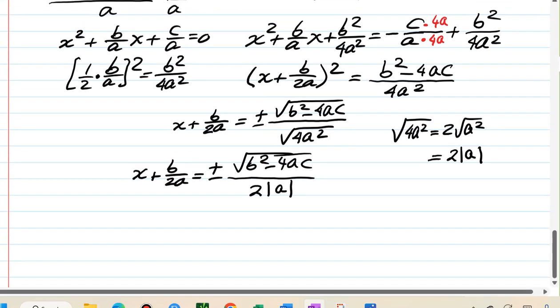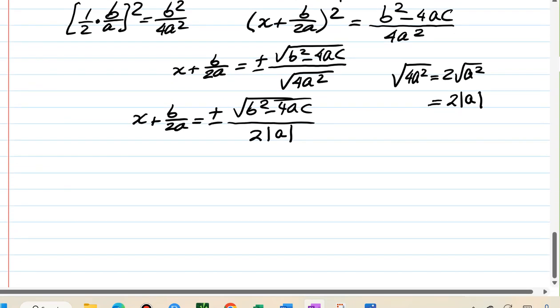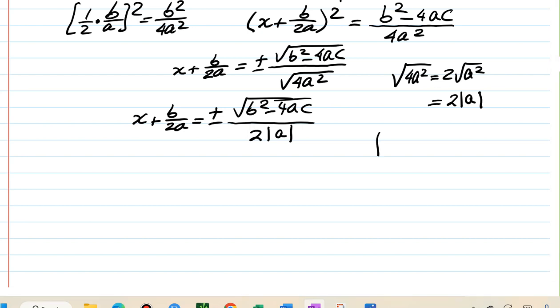Now, you probably have not seen it in this form, but we're not done yet. Let's take a look at our absolute value of a. Again, by definition of absolute value, if a is positive, or a is greater than or equal to 0, we simply write a. Whatever this is, we just write it out for the answer.